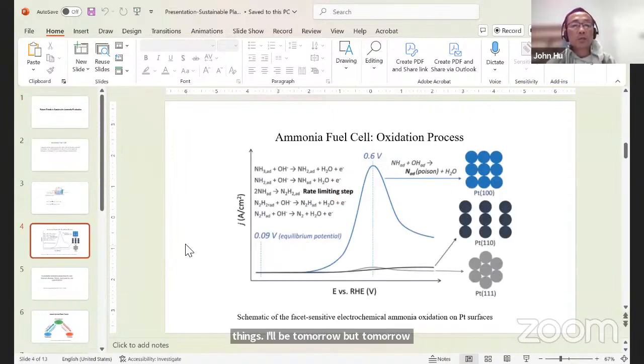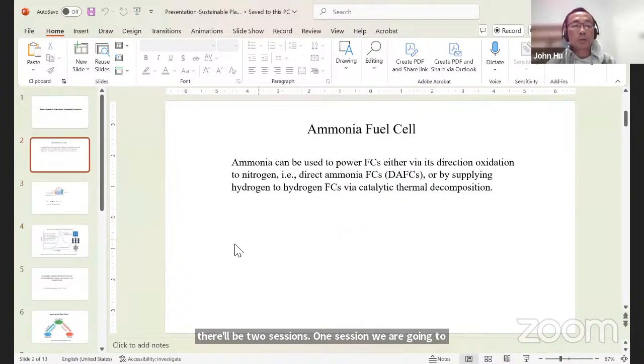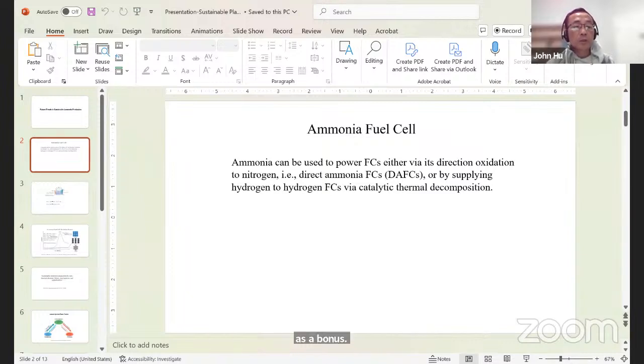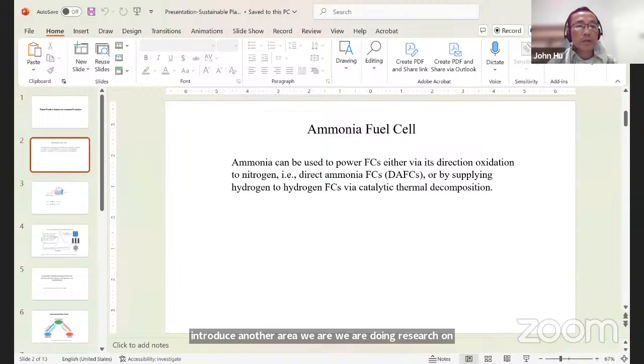One session we are going to talk about the future trend of ammonia. The other, as a bonus, I'm going to try to introduce another area we are doing research on.